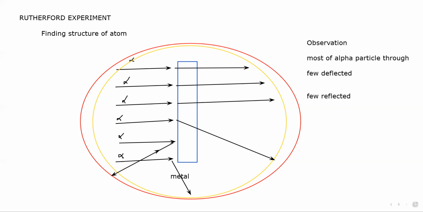So what are the conclusions of his experiment? What did he conclude? The conclusion by Rutherford: he said that most of the alpha particles pass through.